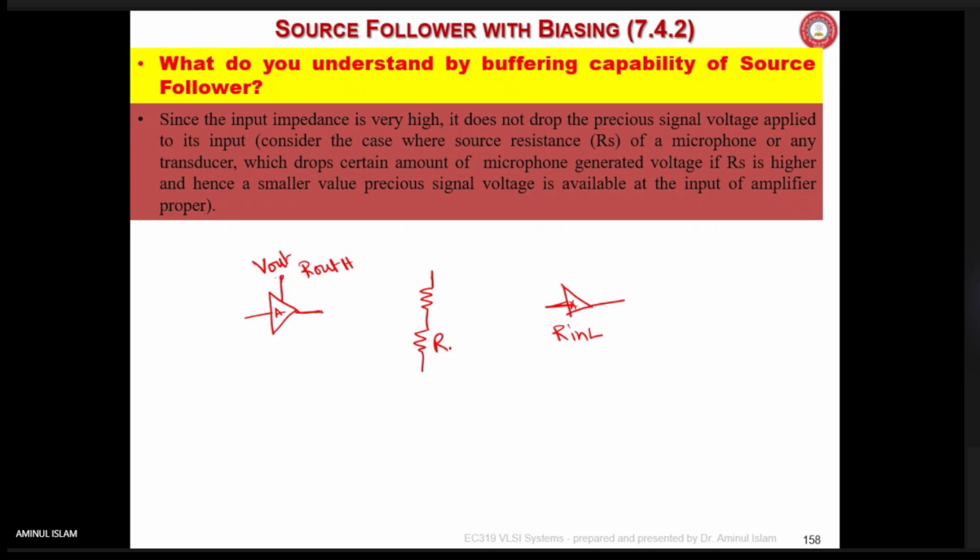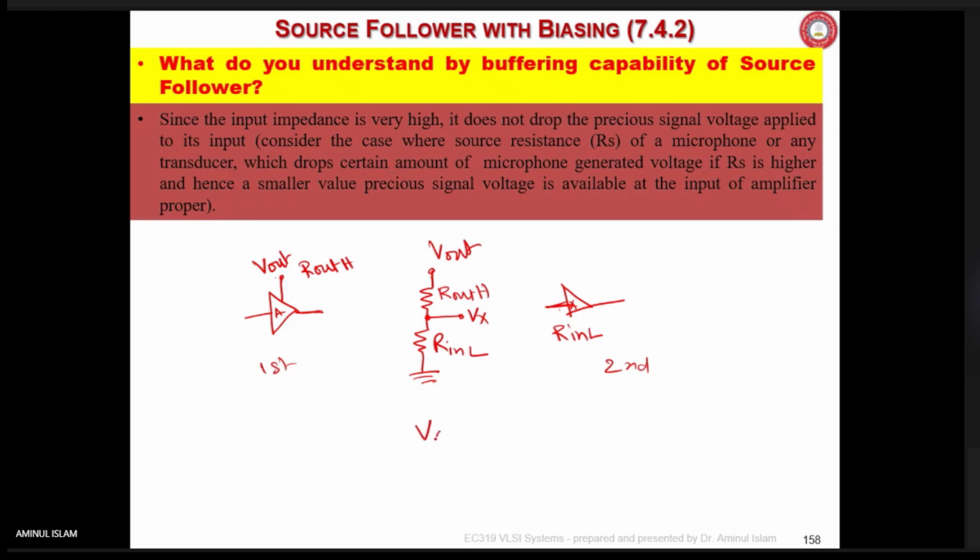This is your R in L, and this is the V out of this first one, and the voltage available for amplification by the second one, if R out is a high value resistance and this is a low value resistance. Then what is the voltage available at this node of the second one?